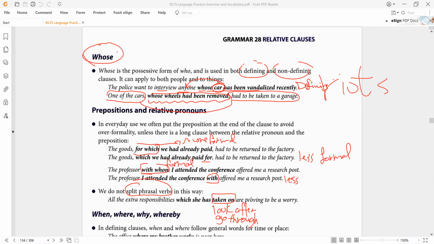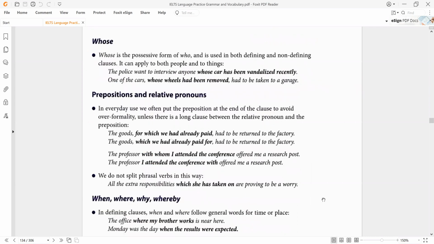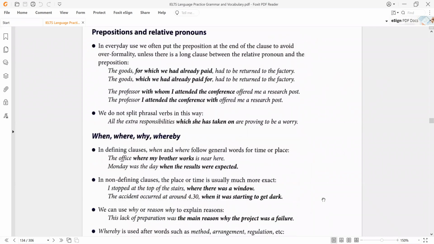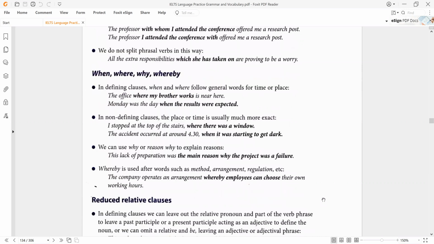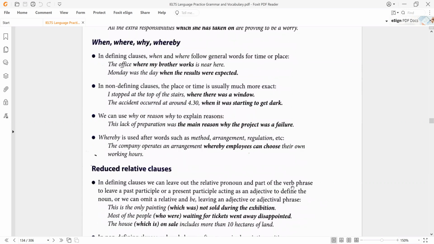Okay. Now, when, where, whereby. Here we are using when, where and whereby, talking about time and place. In defining clauses, when and where follow general words for time and place.